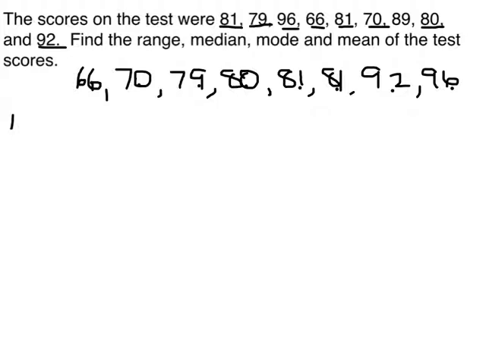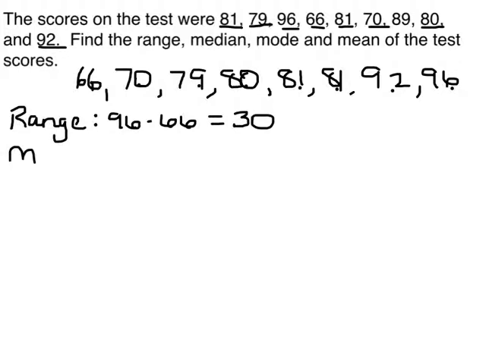So range is 96 minus 66 is 30. Median, between numbers 4 and 5 would be 80.5.